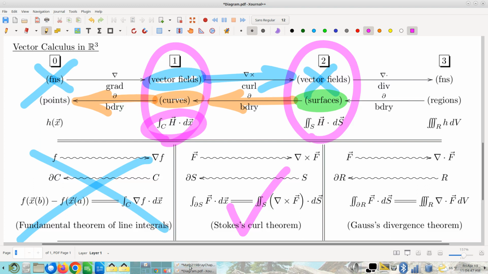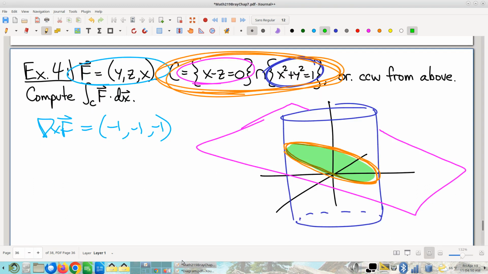Let's think about the surface. This surface right here. I can write down that normal vector pretty easily, because that normal vector comes out of this plane, x minus z equals 0.